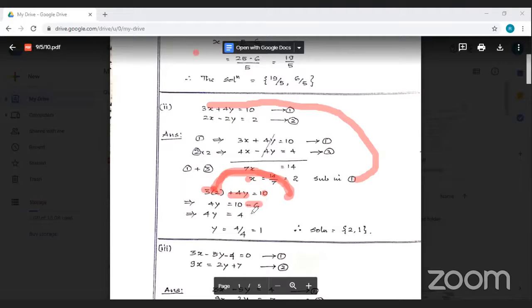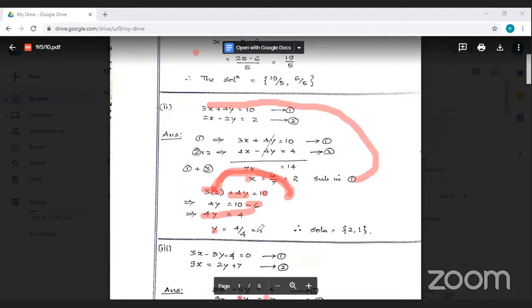Therefore, minus 6 will be 4y equal to 4.